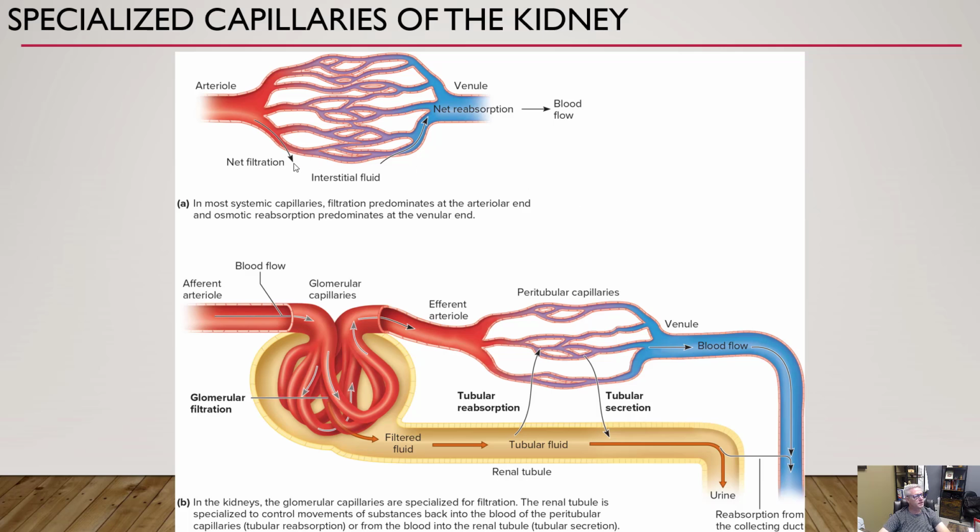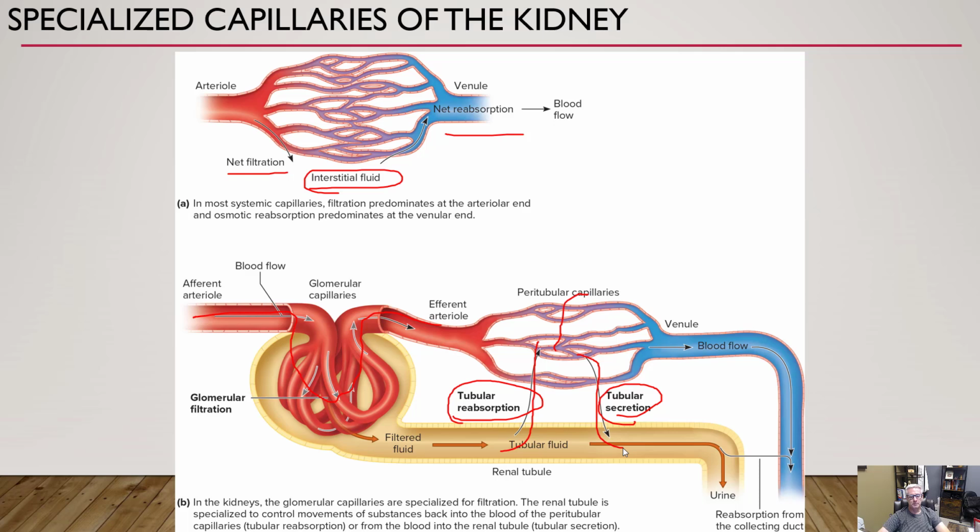So here you can see how we have the arterial side and the venous side. We have that interstitial fluid. So the blood flow comes in, blood flow leaves. We have that peritubular capillaries. So tubular reabsorption is going from the tubular fluid to the capillaries, and tubular secretion is going from the capillaries back into the renal tubule.